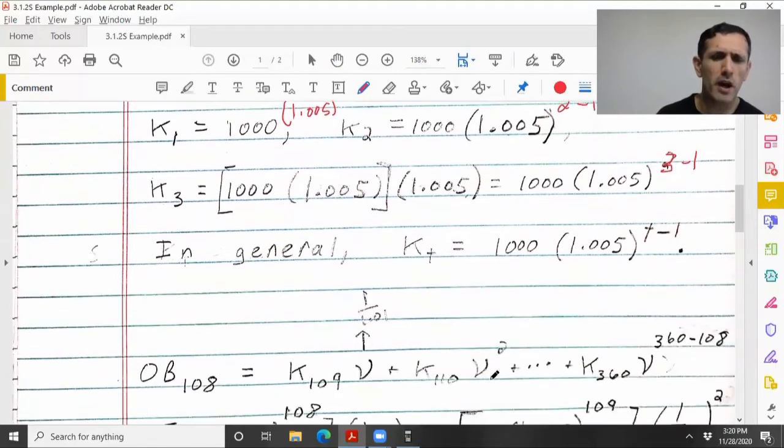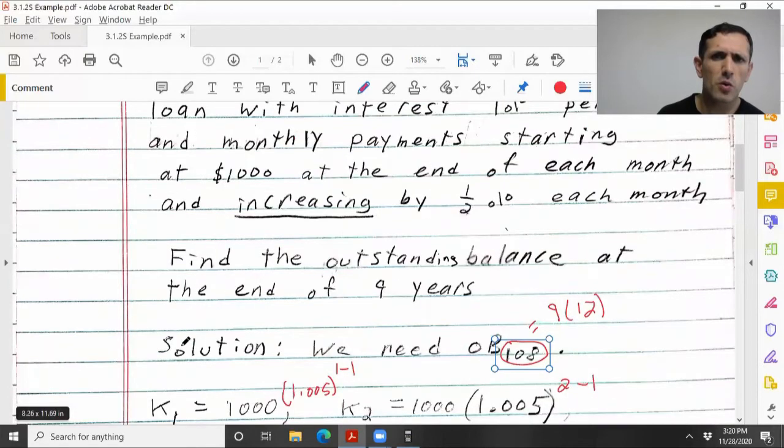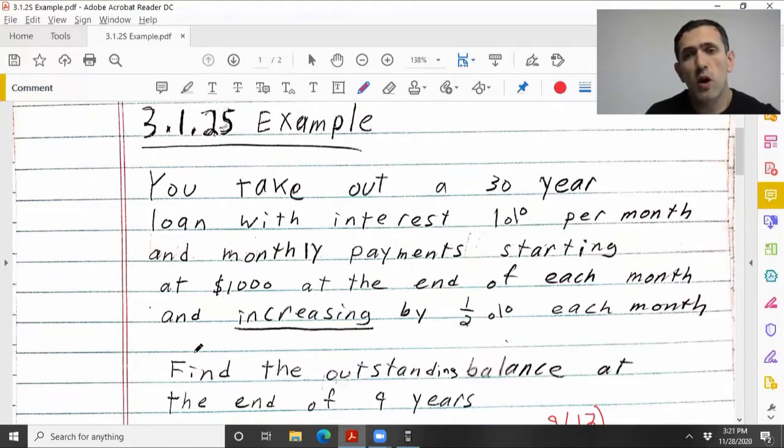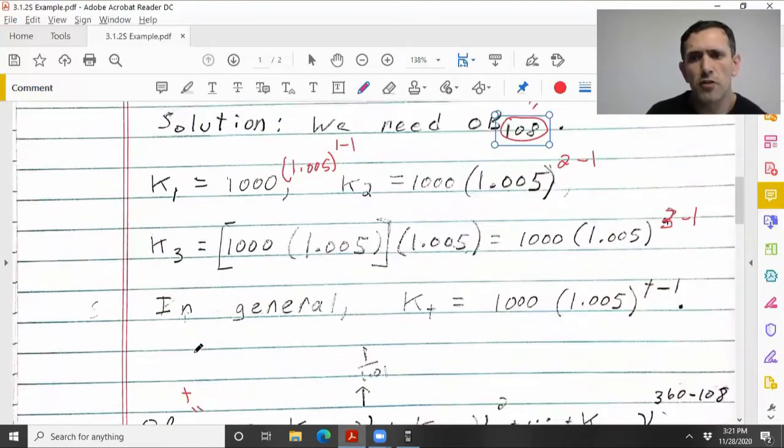Now in our retrospective method, here's our T. T is 108. This is a loan that lasts 30 years, so n is 360, since 30 times 12 is 360 months.